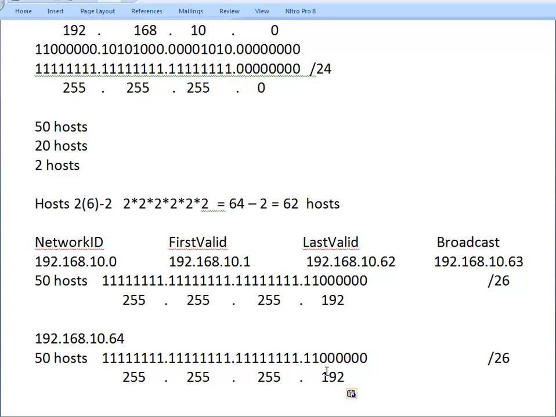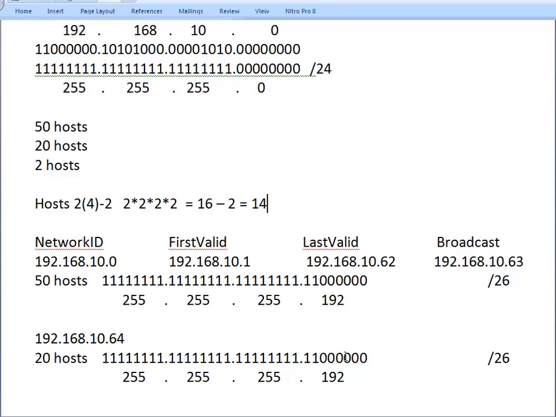here. So for these 20 hosts, how many zeros are we going to need? If I reserve 4 zeros, that's not going to be enough. 2 times 2 is 4, times 2 is 8, times 2 is 16. So that's 16 minus 2, which is 14, so that's not enough.